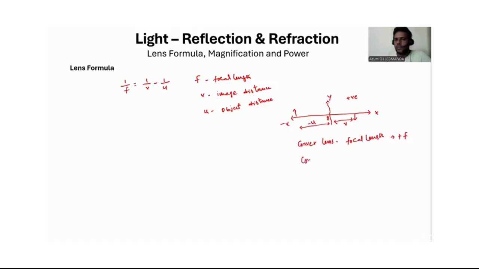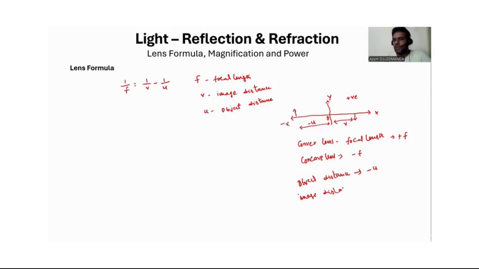And for a concave lens, you should take the focal length as minus f. And for both the lenses, the object distance u is always minus u. And the image distance depends on the lens.